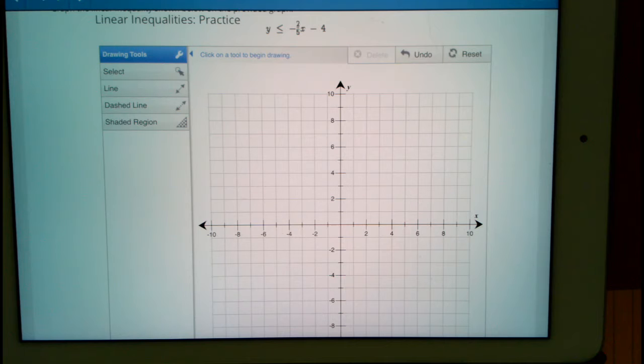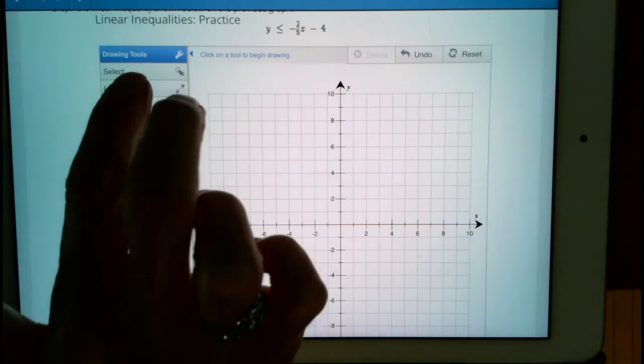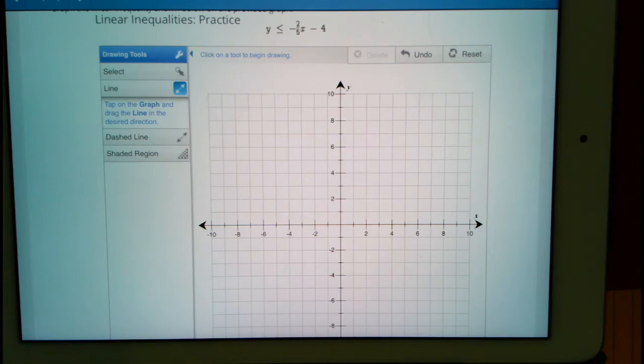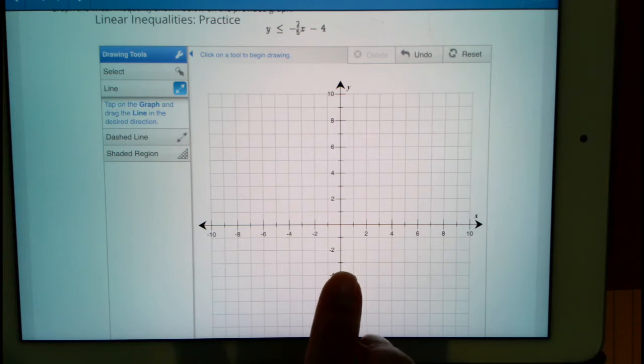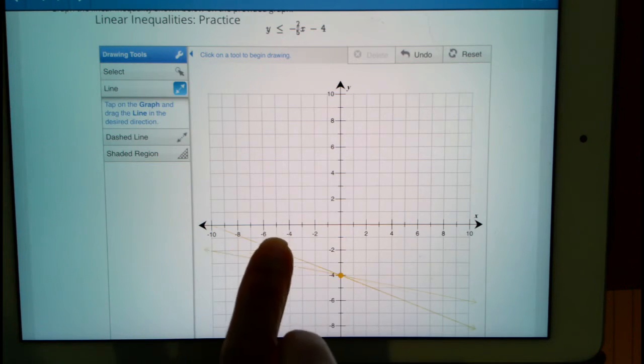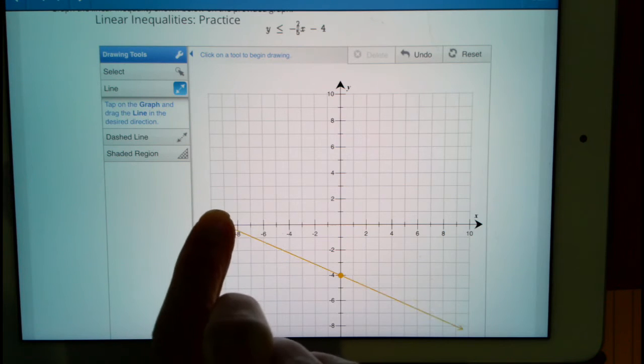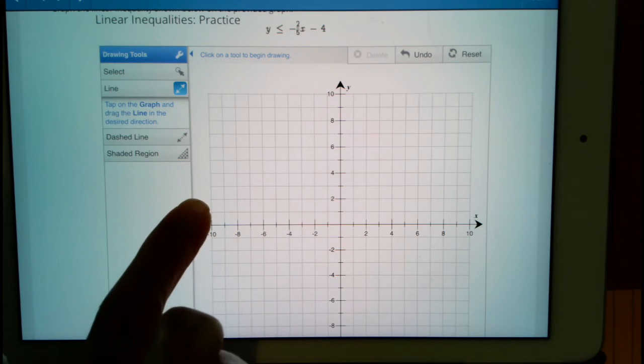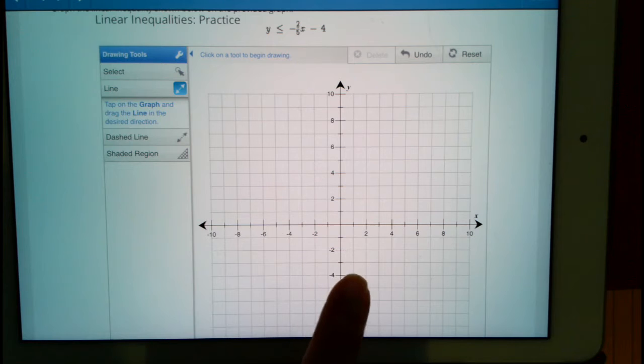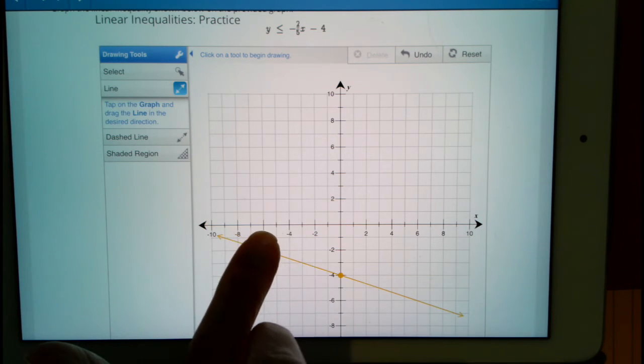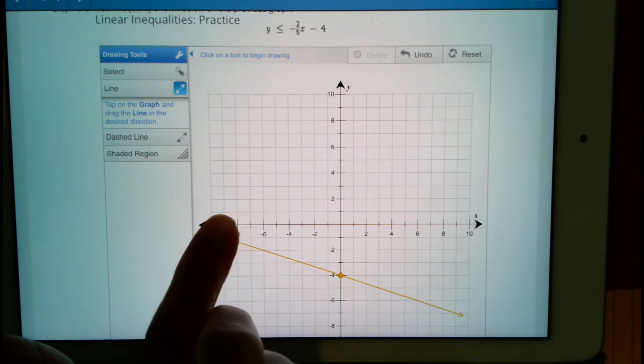So we are going to be using the line, and if you recall again, our y-intercept was -4, and then we're going to draw our line over here through (-10, 0), and again I have trouble.